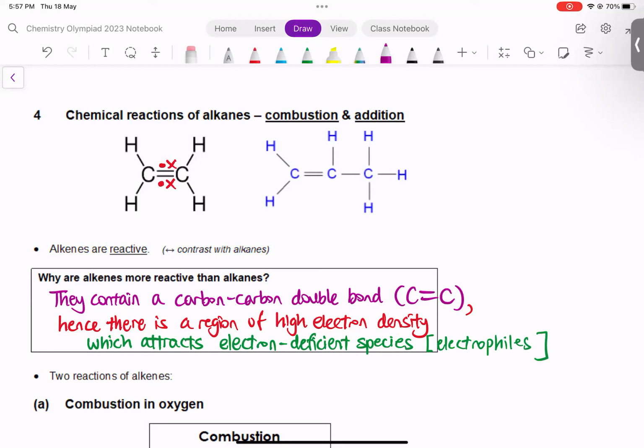So the word phile here means like. Things that like electrons. Things that like electrons are things that lack electrons, right? Electron deficient species want to get electrons. All right.